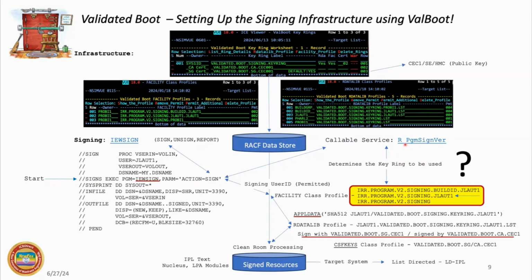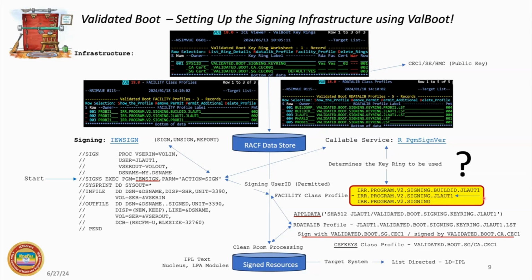And there are many, many different forms that that profile can take. Our view, Gemini's view, after studying this for a couple of months, is that the one that is likely the easiest to understand, support, and maintain over time is the profile that specifically identifies a given user as an extension to the default requirement that the profile be named IRR Program V2 signing.